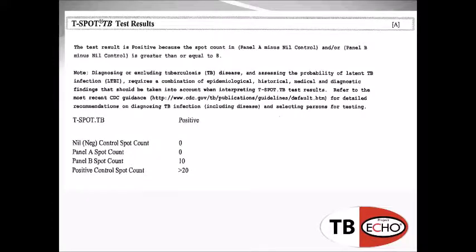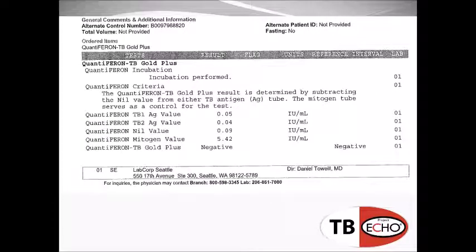In the next example, we have a QuantiFERON result. If you look at the TB1, it's 0.05. The TB2 is 0.04. The nil is 0.09. It's under 8, so that's a good result. The mitogen is 5.42, which is over 0.5, so that is also a good result.